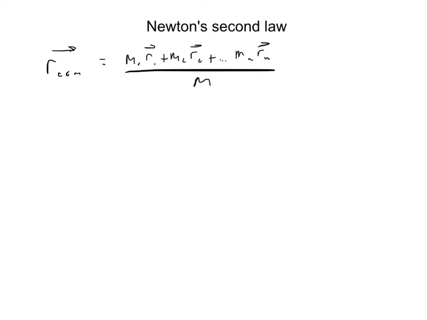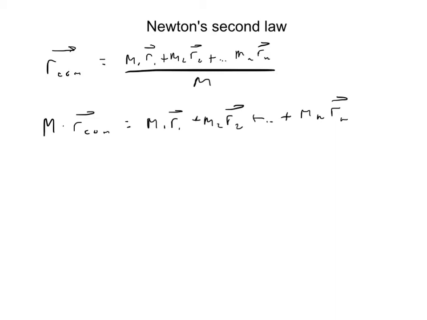Well, we could rewrite that by multiplying both sides by the total mass, and we get mass times the position of the center of mass comes from m1 R1 plus m2 R2 plus all the way up to mn Rn.